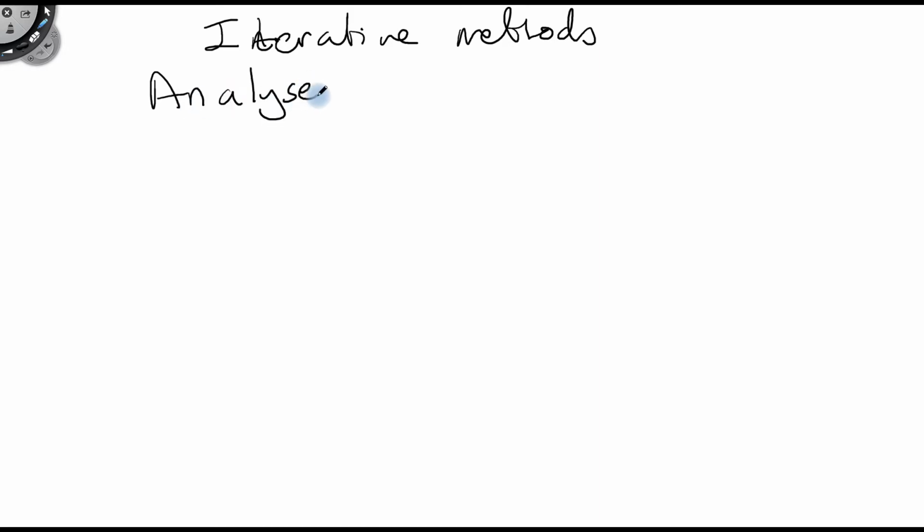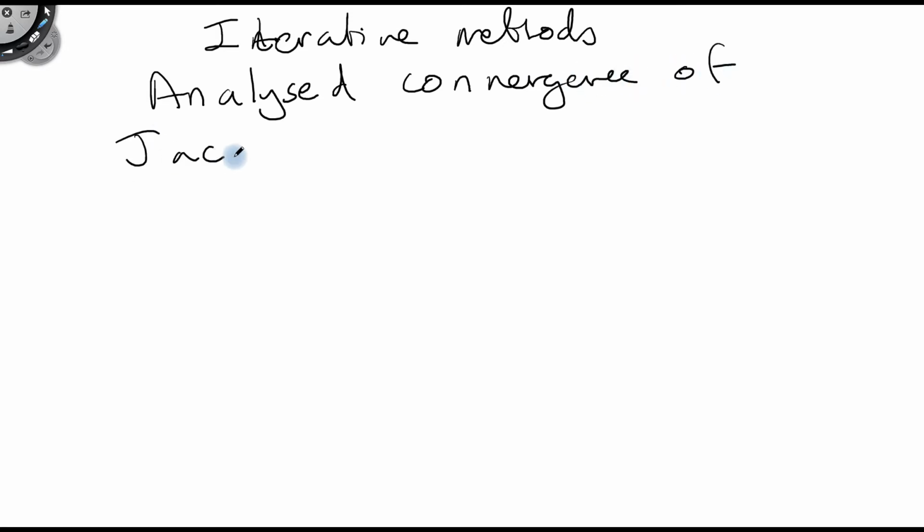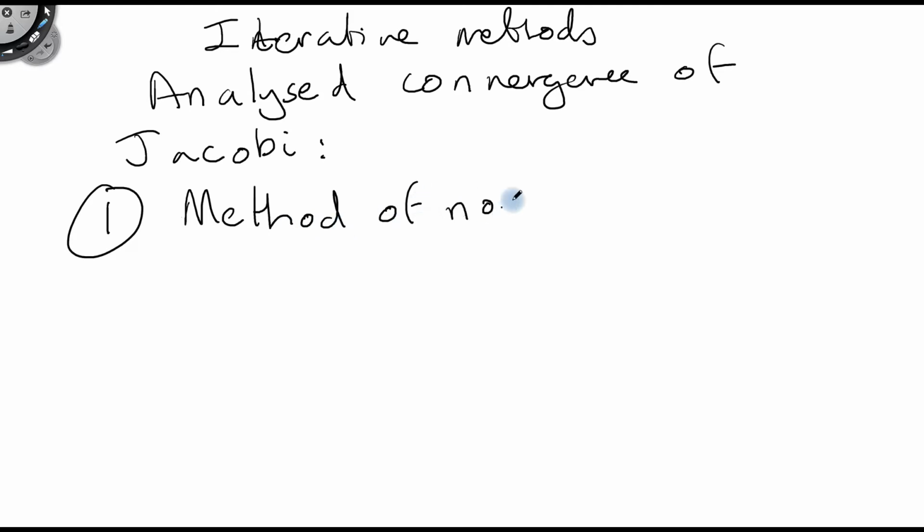Then, sticking with the iterative methods, we analysed convergence of Jacobi. The first method we used was the so-called method of norms. This is my terminology, by the way; there may be better terminology out there.